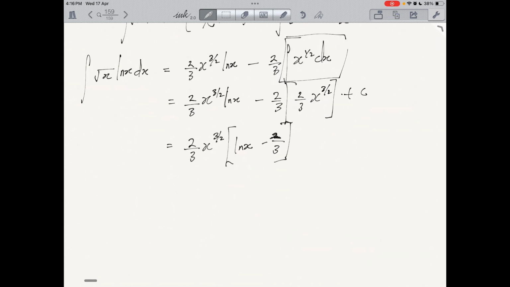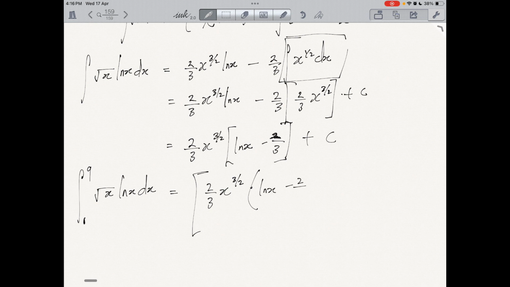Now we recall the question with upper limit and lower limit: upper limit of 9 and lower limit of 1 of root x ln x dx. Therefore, this will become 2 over 3 x raised to power 3 over 2, and we apply (ln x minus 2 over 3), lower limit of 1 and upper limit of 9.